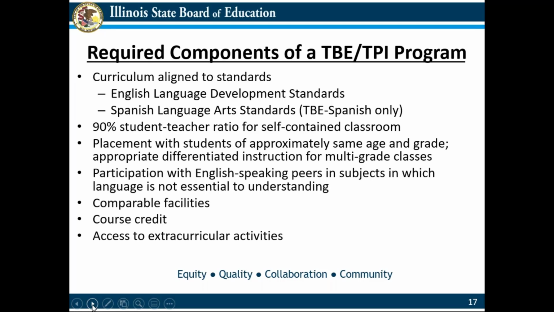Also, course credits must be given to EL students. Let's say they're taking the ESL classes, and this is mostly for middle grade or high school, when they're taking English classes. The gen ed students have English classes, but the ELs are taking ESL classes. Those must be available credits for the EL students.